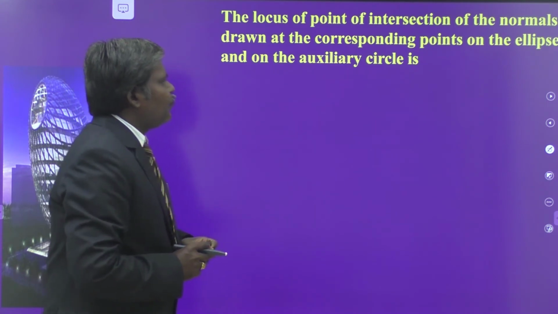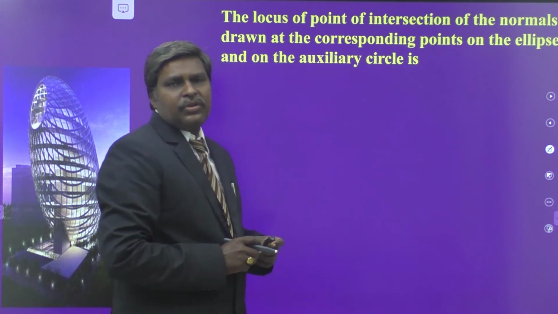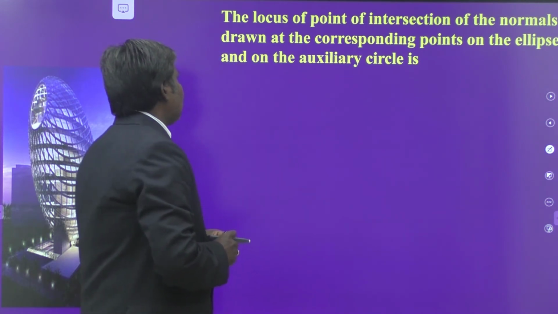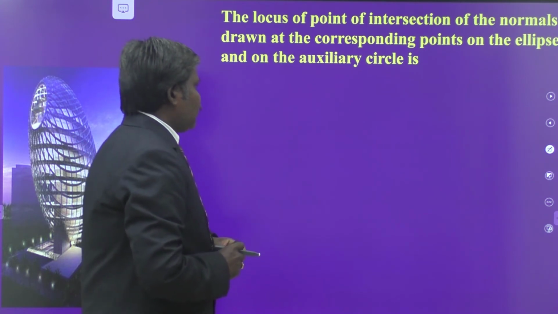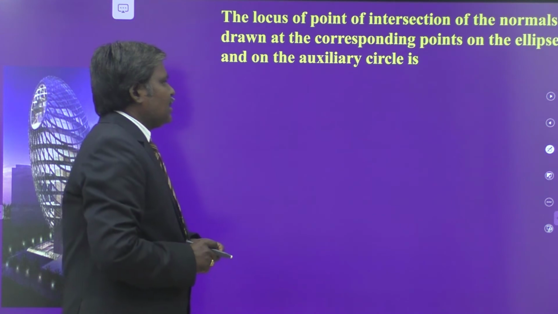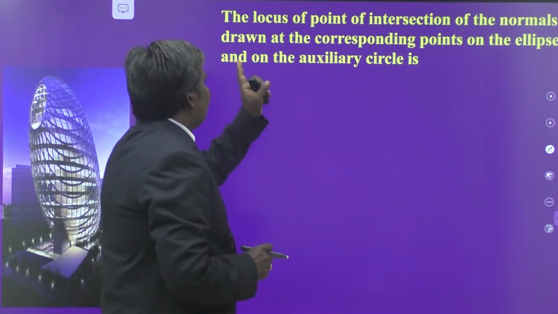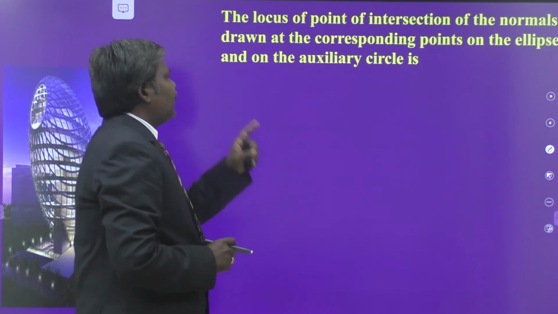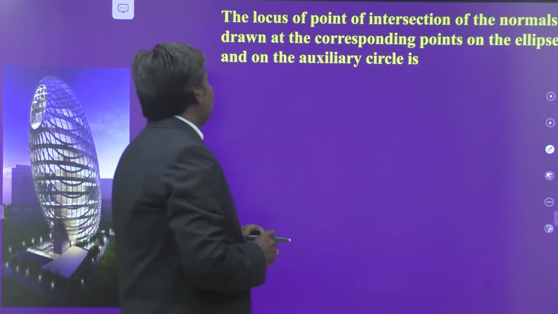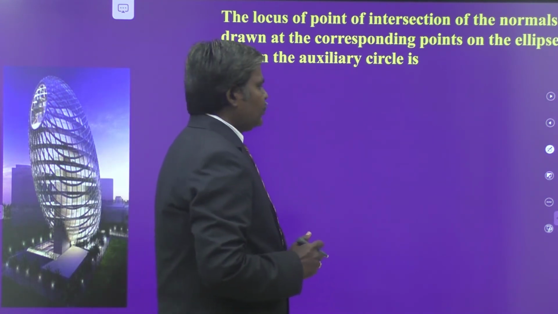The locus of point of intersection of normals drawn at the corresponding points on the ellipse and the auxiliary circle is what? You have to find it out.